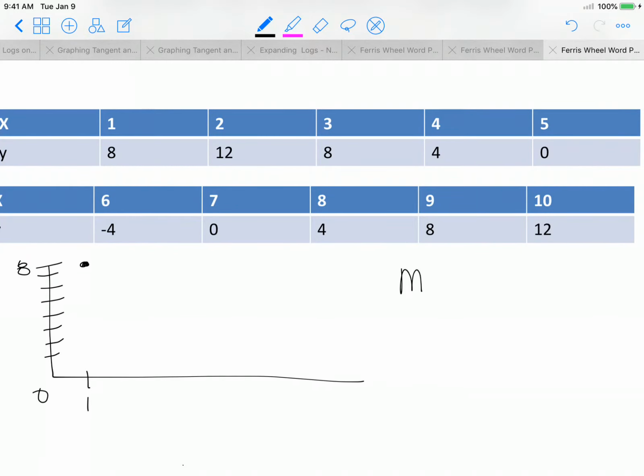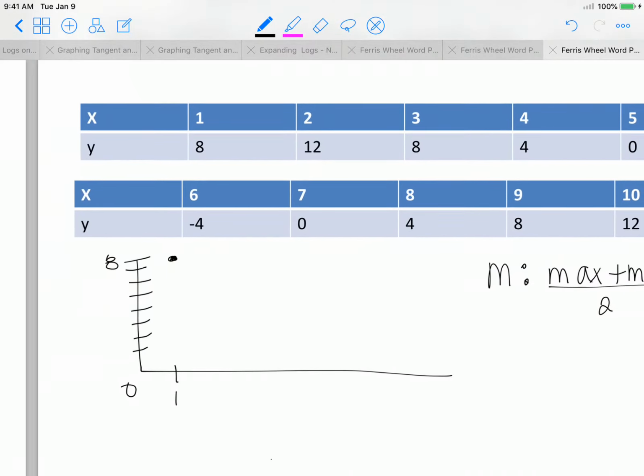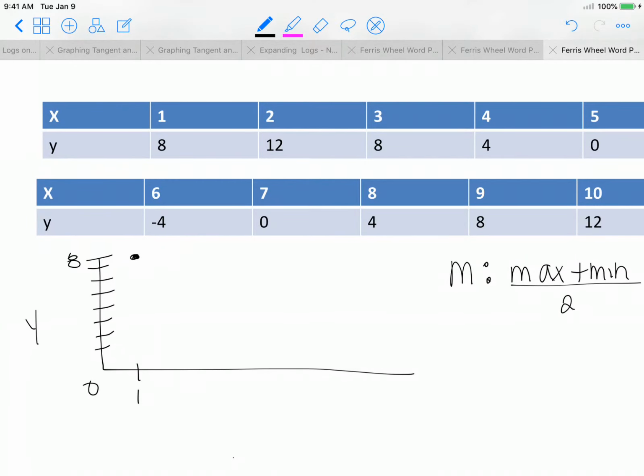So let's figure out what our midline is. Remember back that your midline is your max plus your min divided by 2. Well, look at your y's, because your y's is your height, right? And your x is your time, because that's what we've been doing. X is your time.